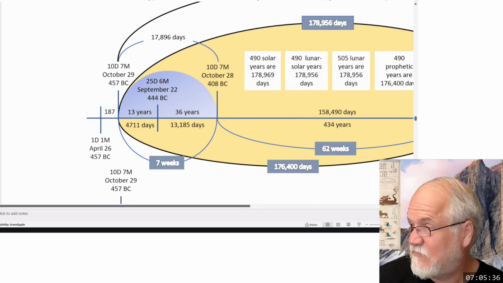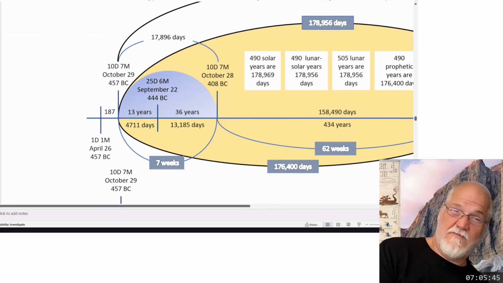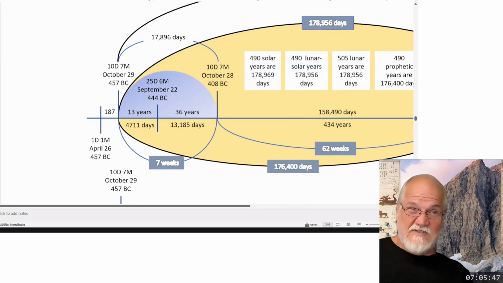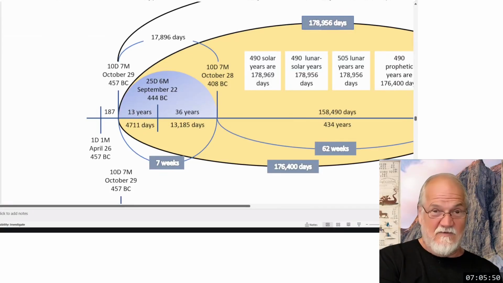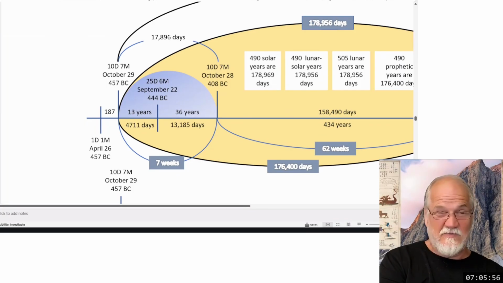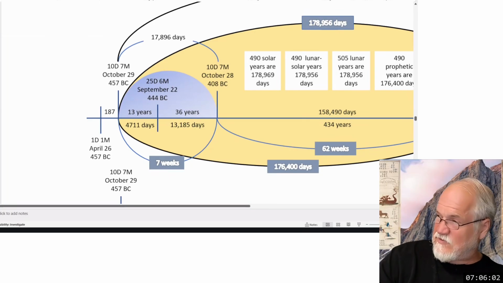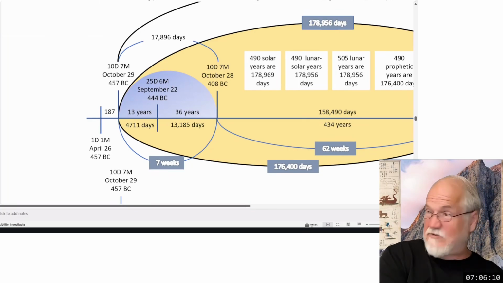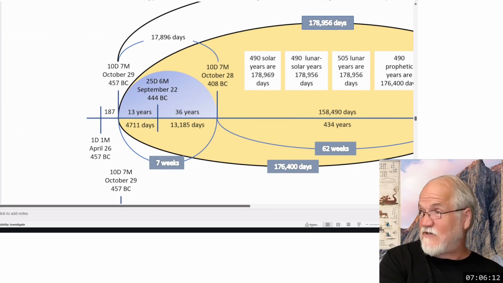And so that would be from the 10th day of the 7th month in 408 BC, using the biblical calendar, to the 10th day of the 7th month, which is October 8th in 2030, would be 2,437 years. Okay, so whether that's significant or not.